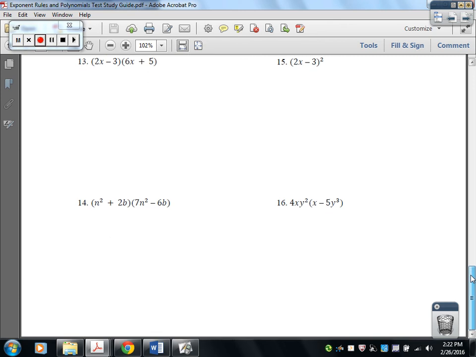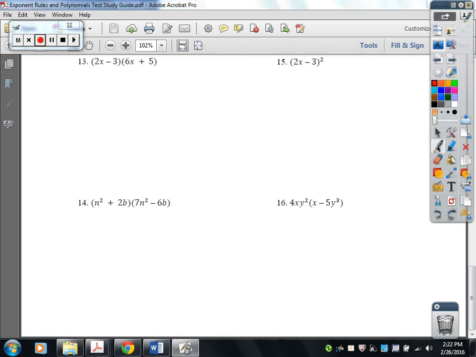Moving on. Last two here. So again, double distribute. I know it's multiplication because of the parentheses, so 7n squared times n squared is 7n to the fourth. N squared times negative 6b is negative 6bn squared. Typically, when you have multiple variables, you alphabetize them. 2b times 7n squared is positive 14bn squared, and 2b times negative 6b is negative 12b squared.